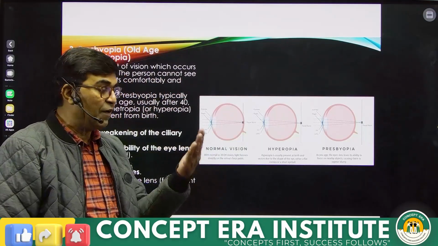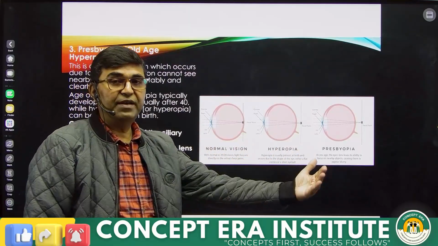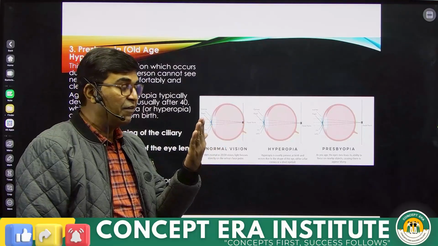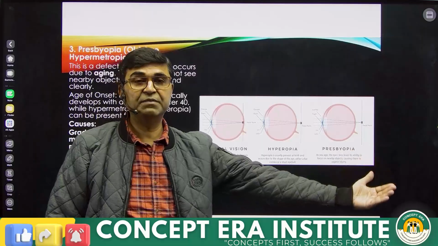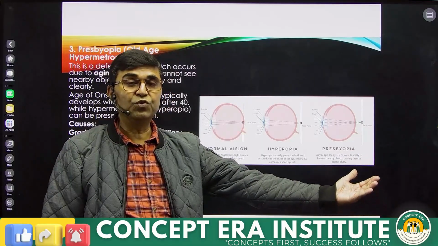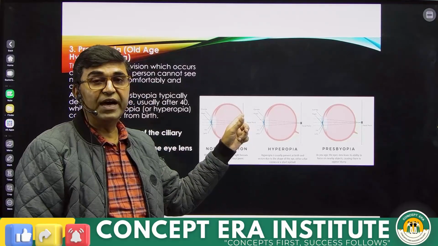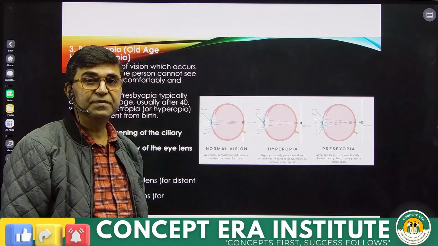So our near point goes on receding away and away. From the normal position of 25 centimeters, our near point may go to 40 centimeters, 50 centimeters, or even 80 centimeters due to gradual stiffening of the eye lens or gradual weakening of the ciliary muscles.